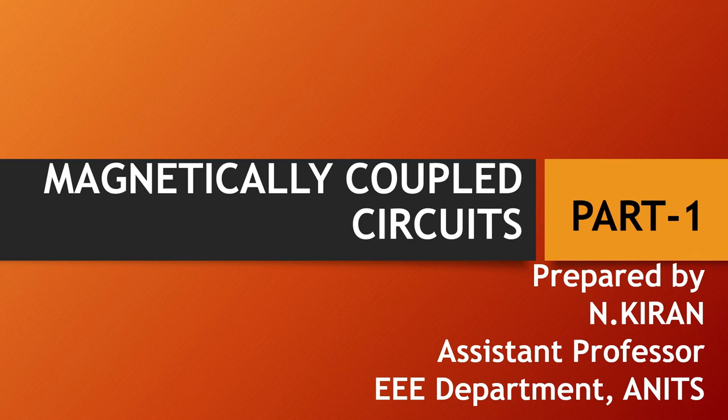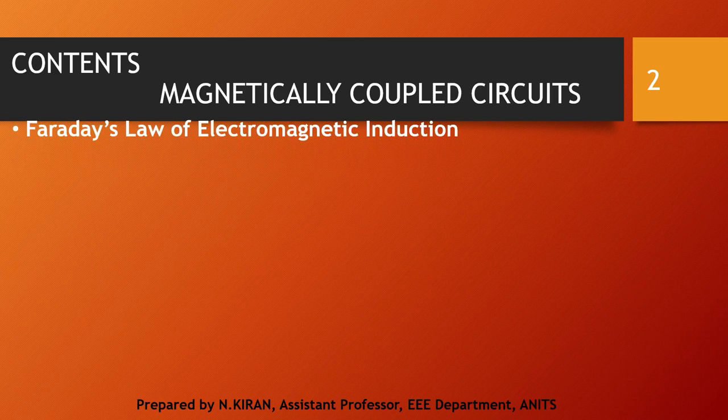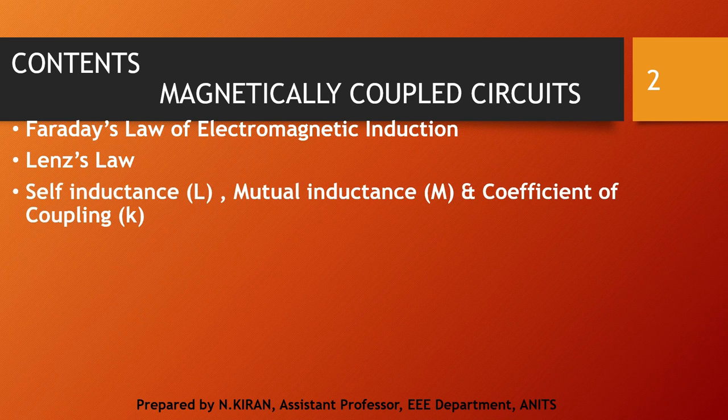I have divided my lecture on magnetically coupled circuits into four parts. In the first part, I will discuss Faraday's law of electromagnetic induction, Lenz's law, the concept of self-inductance, mutual inductance, coefficient of coupling, and derive the relation between these three concepts.